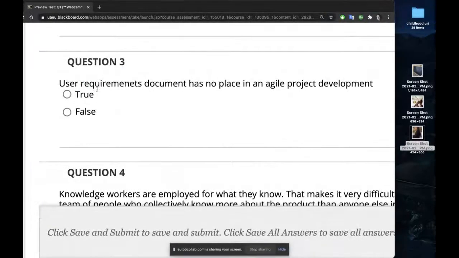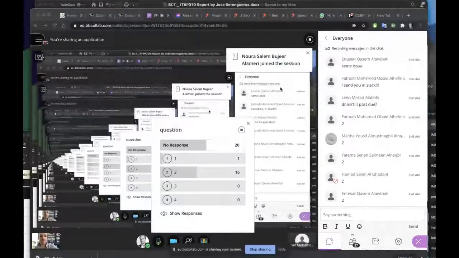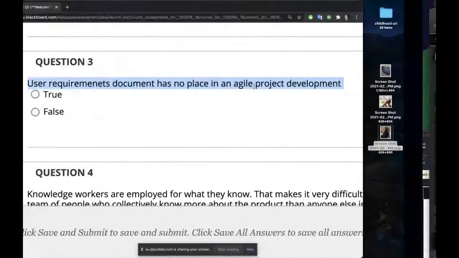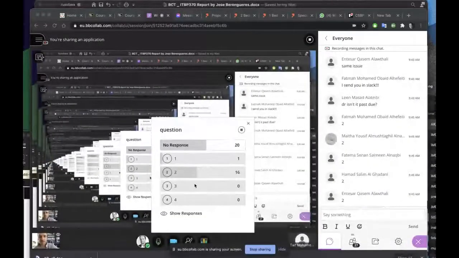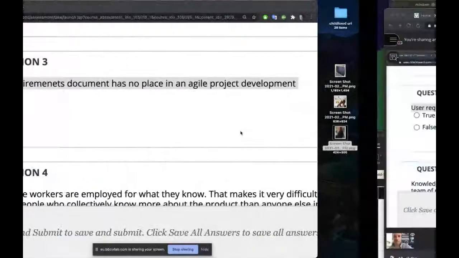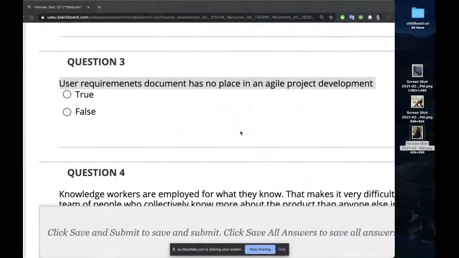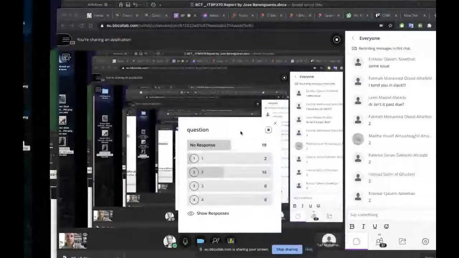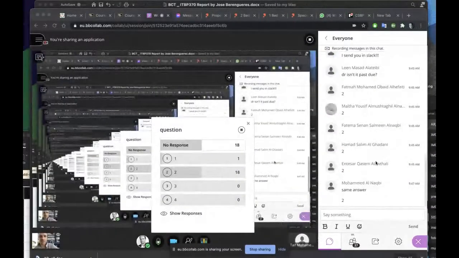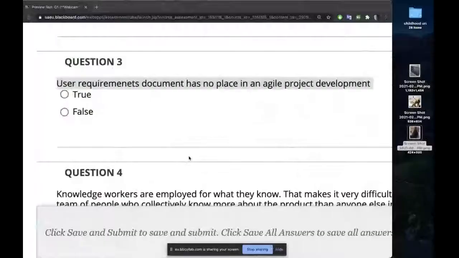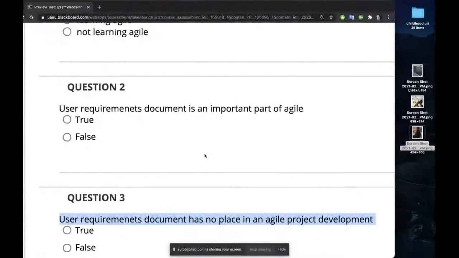Question number 3, user requirements document has no place in Agile project development. What do you think about this one? Can you vote again or not? User requirements has no place in Agile. This is false. Okay. So everybody agrees with this one or not?